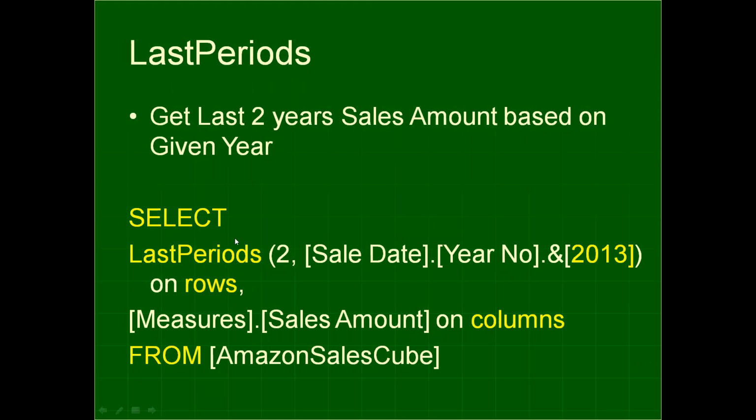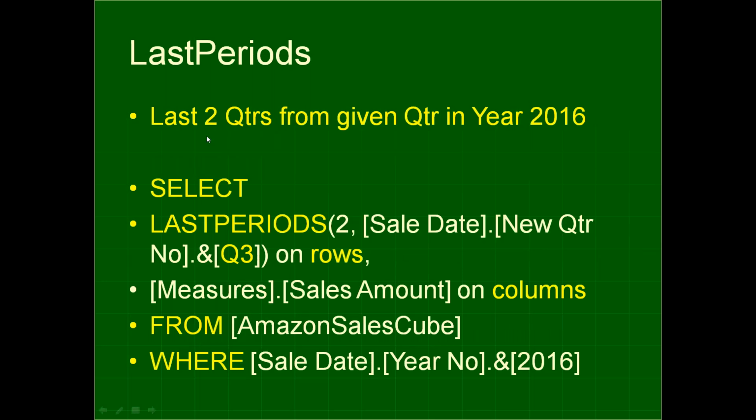Last two periods, last five periods, whatever you want to have. Last two quarters from the given quarter. So 2016, from there the last two quarters I would like to have. I am pointing to quarter three. So quarter two and quarter three will be given in 2016. Like that, we can use last periods.